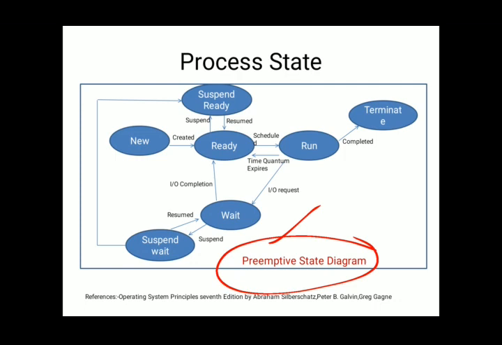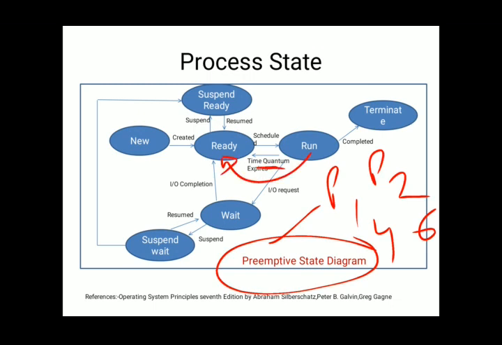Suppose we have two processes, P1 and P2, and P1 requires 4 millisecond for its processing, and P2 requires 6 millisecond. In the starting, I assume that I am going to give each process equal time for execution, so I take the time quantum as 2 millisecond. It means that when the process is executed for 2 millisecond, I preempt that process, and it is moved to the ready state.